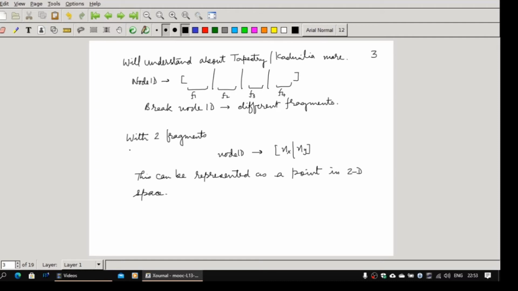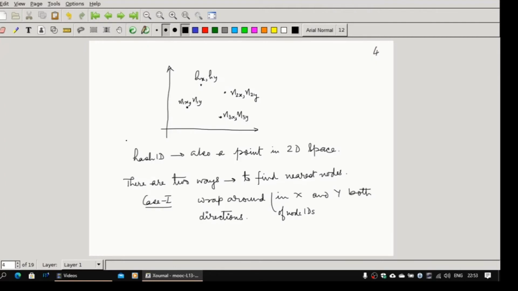Now once you have NX and NY, they are like the X-axis and Y-axis. So now a node ID can be represented as a point in 2D space. A figure will look something like this, where the X dimension is in this direction and the Y dimension is in this direction. Here HX and HY are the hash and these three are the node IDs.